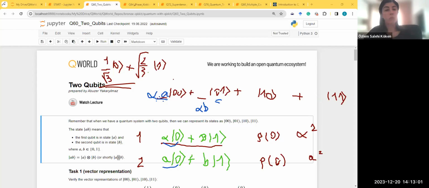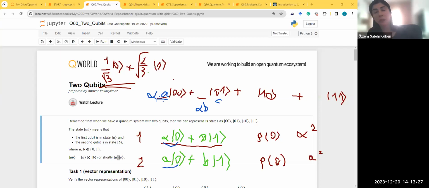So this is just the tensor product of two qubits. I used state representation, but you would get exactly the same answers if you had used vector representation. Remember, we could also do the tensor product on vectors. So this is how you write the combined state of two qubits in general.